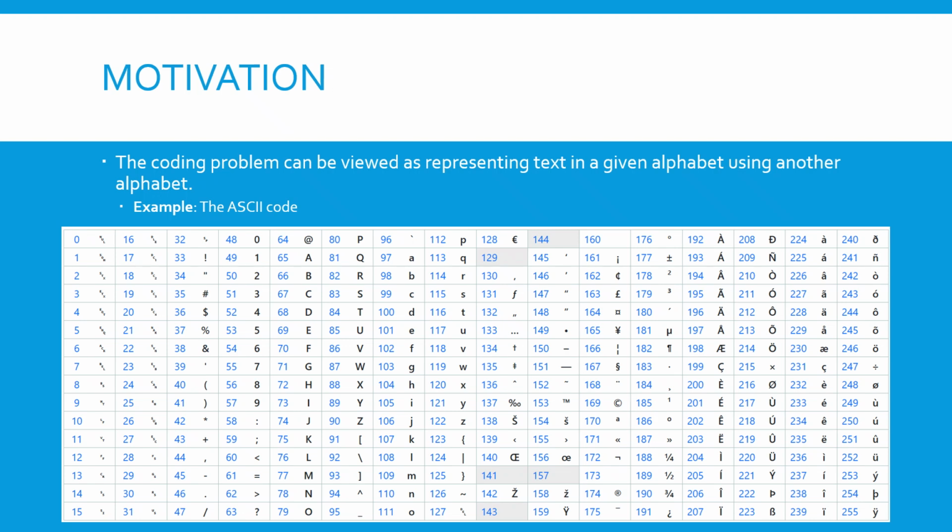Under ASCII, each character is encoded as an 8-bit binary number. For example, the letter A is encoded as 01000001. Thus, ASCII allows computers to represent human-readable text using binary numbers.